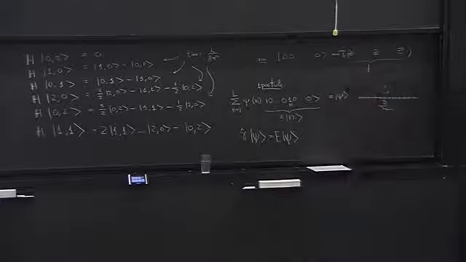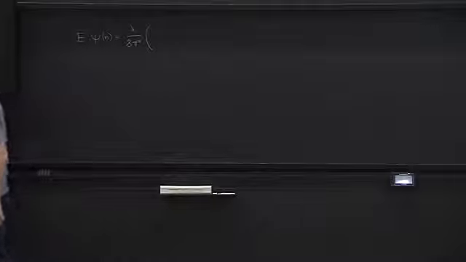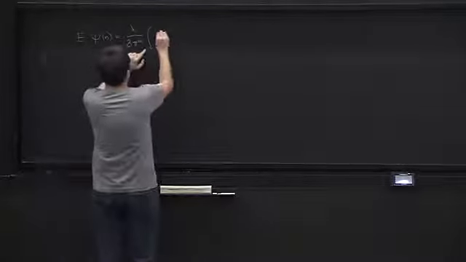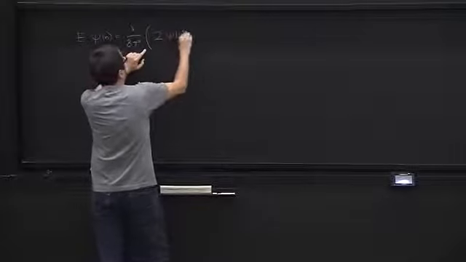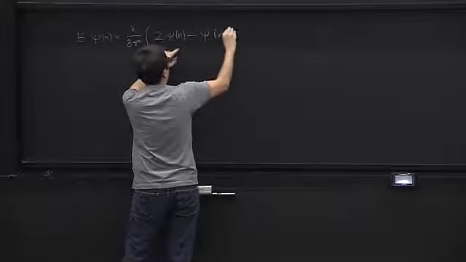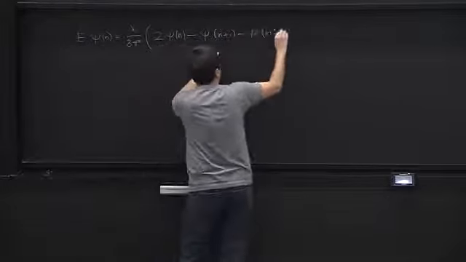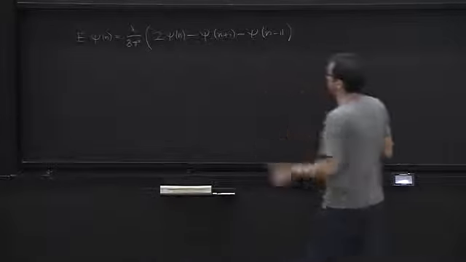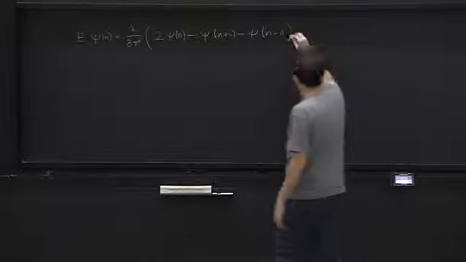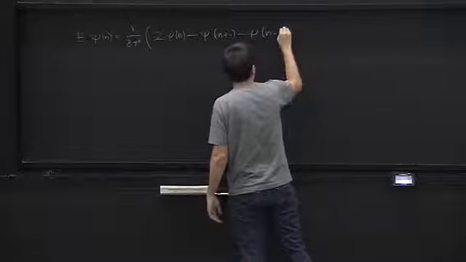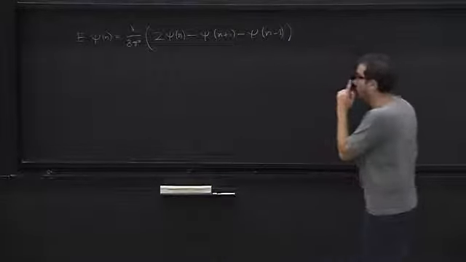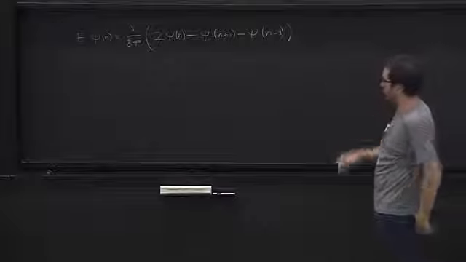So in position space, the Hamiltonian becomes twice psi of n minus psi of n plus 1 minus psi of n minus 1. Okay? So this is just the position space Schrodinger equation. Again, please tell me if I'm going too fast at some point or if I'm going too slow.